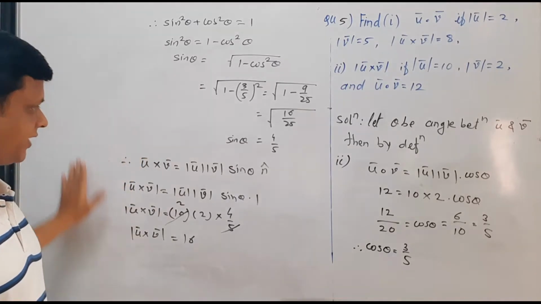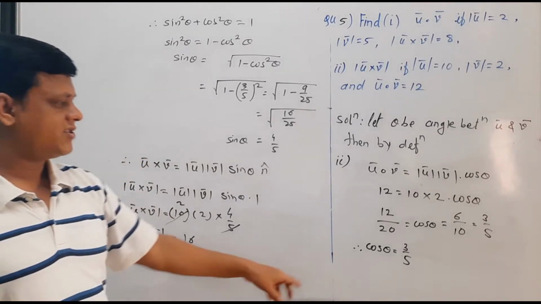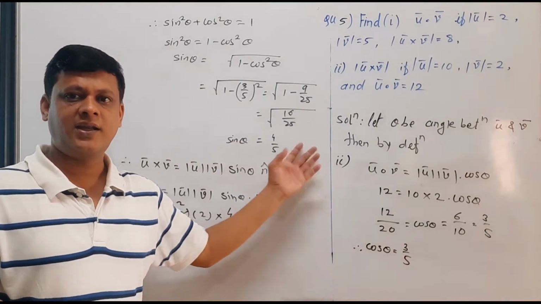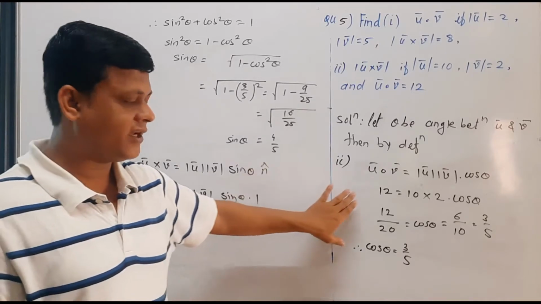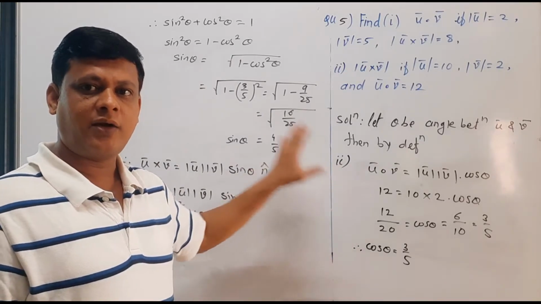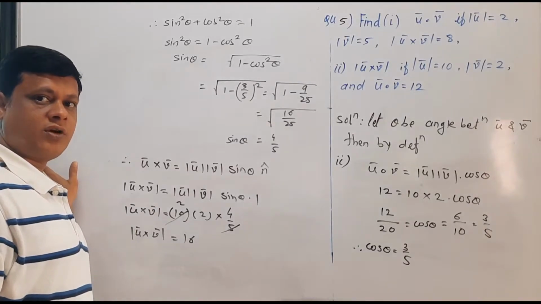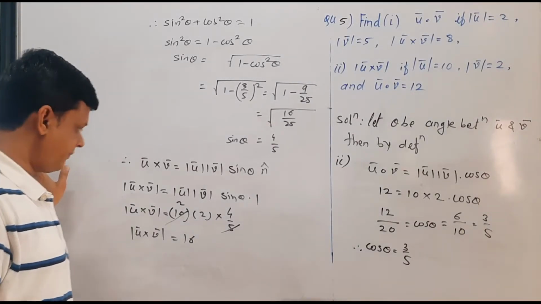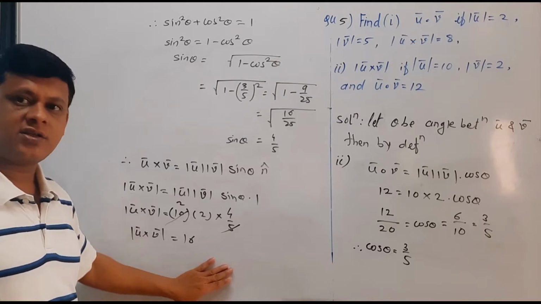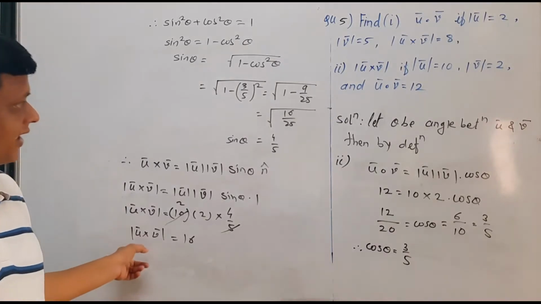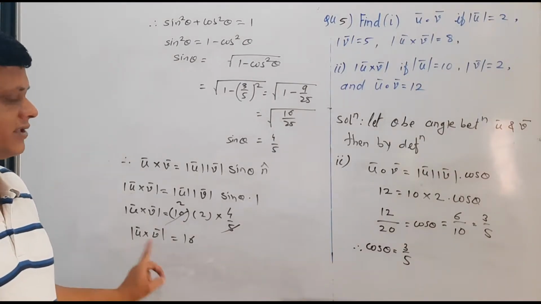So from that we write this, or you can check the value. Cos theta equals 3 by 5, and in the previous example sin theta equals 4 by 5, and we know which quadrant and which condition to take for the values of sin theta and cos theta. We already discussed that in inverse trigonometric functions. So you remember that and write the answer in this way.